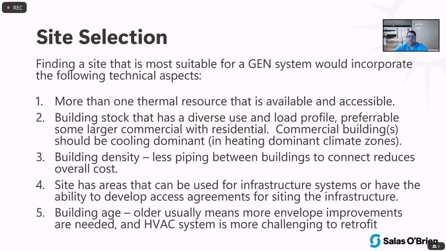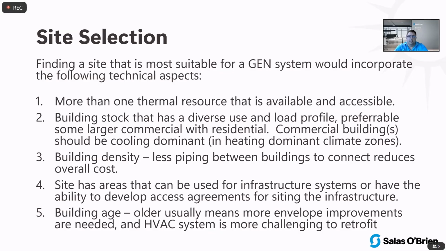The next thing would be the building stock. Number one, we always want to look for a diverse load profile within the building stock that's going to be connected to the system. The reason for that is really just to try to reduce capital costs and peak loads and try to share energy. If we're not sharing energy during peak times, we still have to size for the sum of the peaks, right?